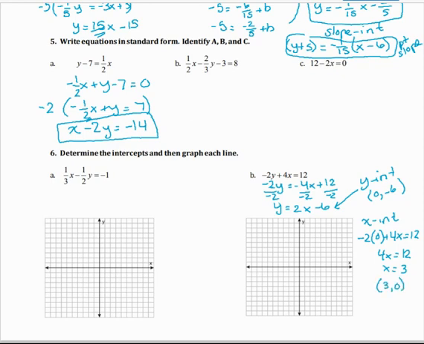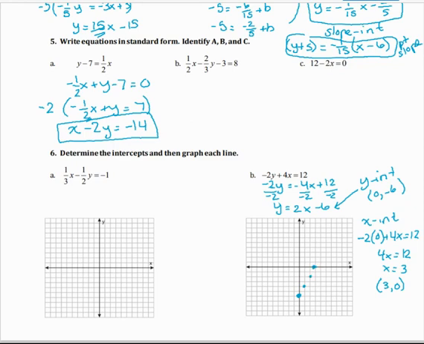Now, when I ask you to graph this, I'm going to have you practice graphing it using our slope and y-intercept. So we plot our y-intercept first. 1, 2, 3, 4, 5, 6. And then we use our slope. So we go up 2 over 1, up 2 over 1, up 2 over 1.